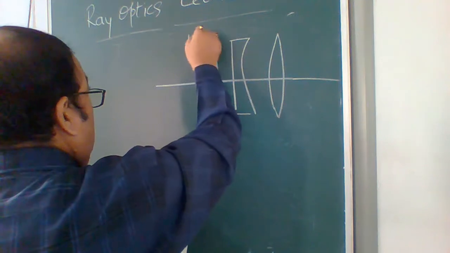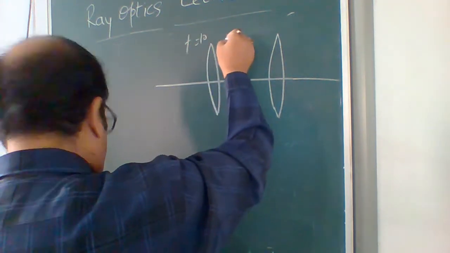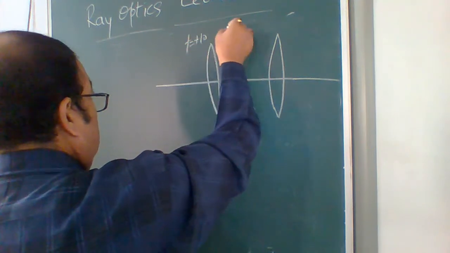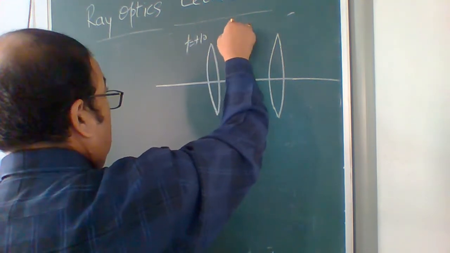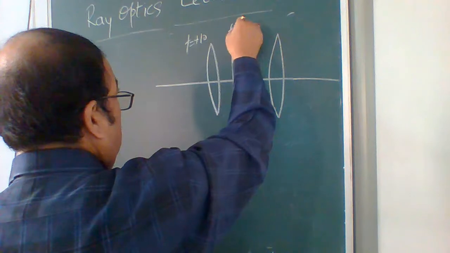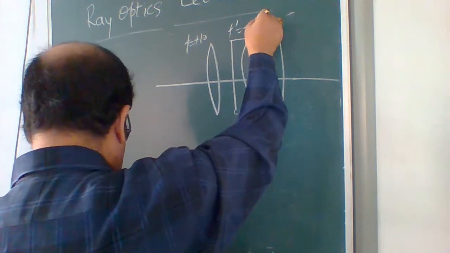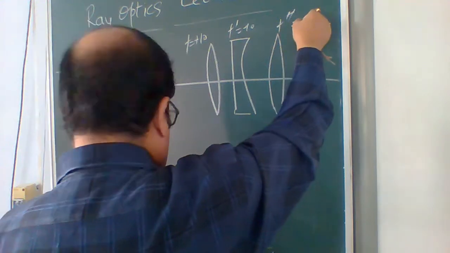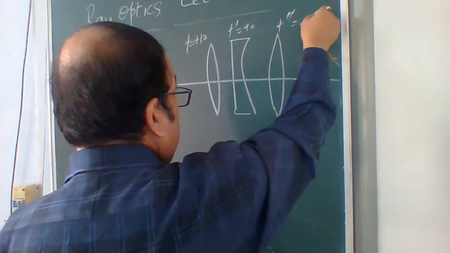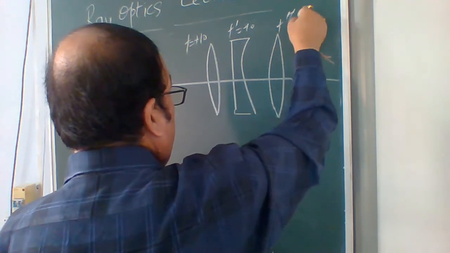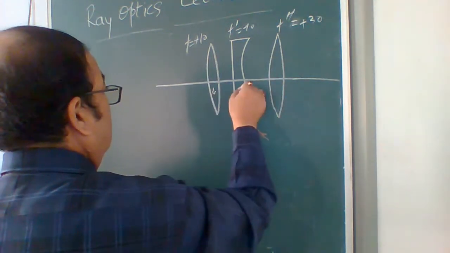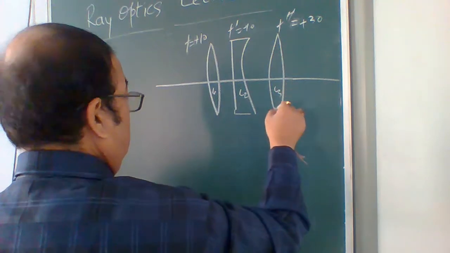Here f equals plus 10, and this is f dash equals minus 10, and this is f double dash equals plus 30. This is L1, L2, L3.